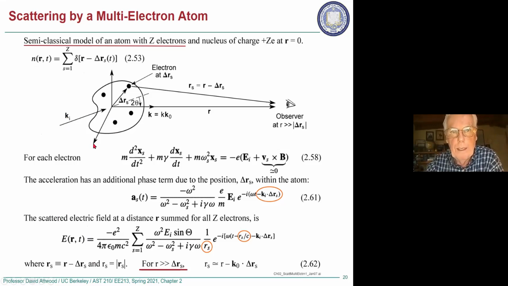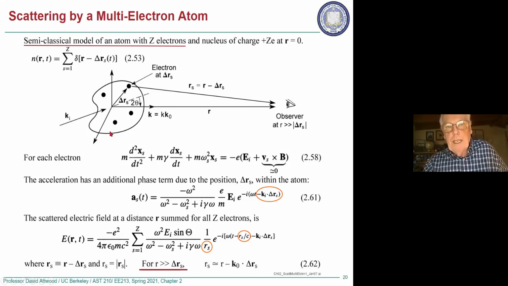Within this multi-electron atom, we'll say it has Z total electrons, and they're all whizzing around on their own probabilistic trajectories, each represented by a delta function. They're all point electrons, but they're at different places, and we represent their positions from the center of the nucleus measured away by R, the coordinate R. There are Z of them, so we're going to have to sum all these little delta particles.